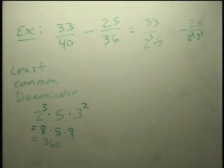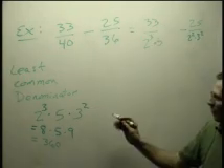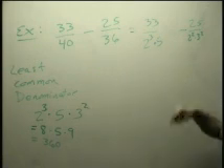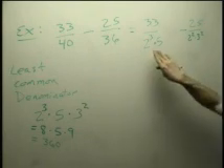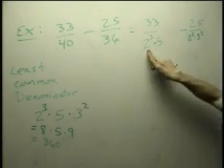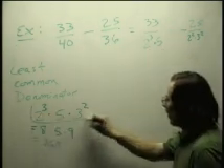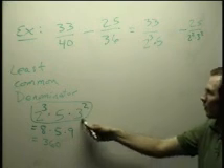So how am I going to write these fractions so that their denominator is this? Well, I need to find out what's missing and put it in. Here I have 3 2's and a 5. Here's what I need. I need 3 2's and a 5, and also 2 3's.